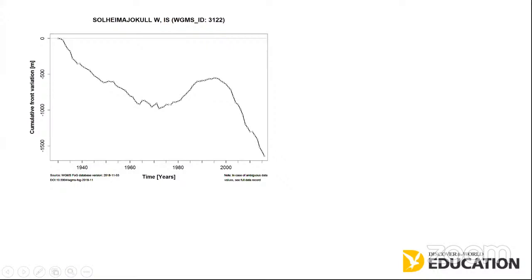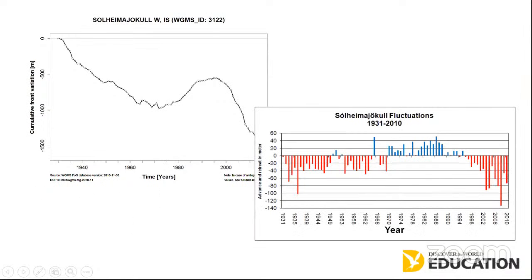This graph shows the size or the cumulative front variation of Solheimajokull. As you can see, the glacier was growing slightly during 1980 to 2000. You can see where this line is moving up, but the decrease in the size and the retreat has been pretty rapid since 2000. This second graph shows this data much more clearly.